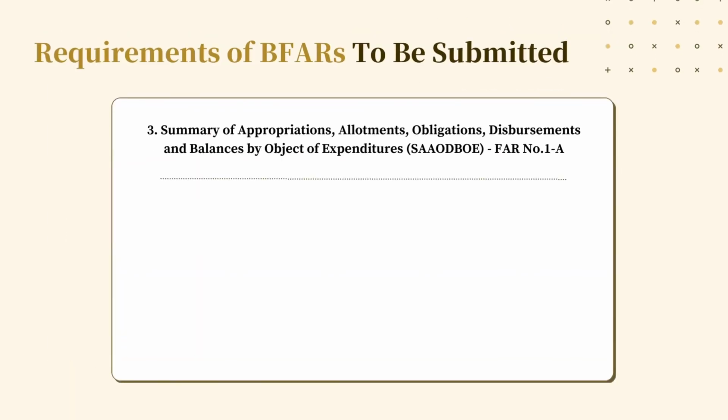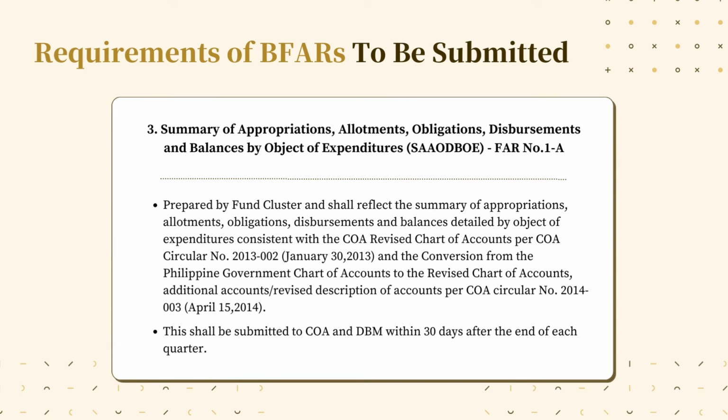Third, we have here the summary of appropriations, allotments, obligations, disbursements, and balances by object of expenditures under BFAR Number 1-A.